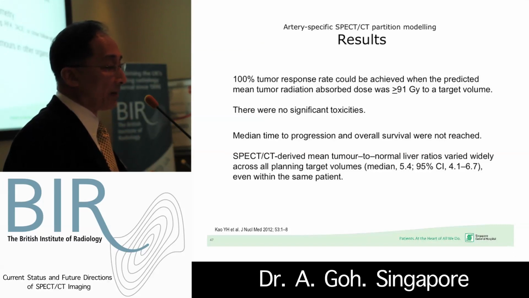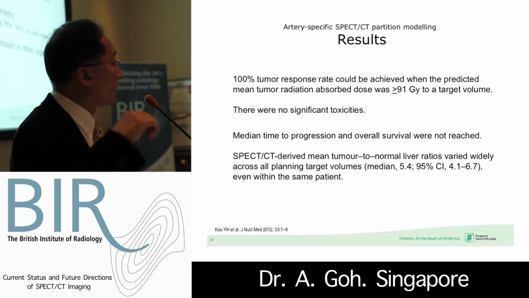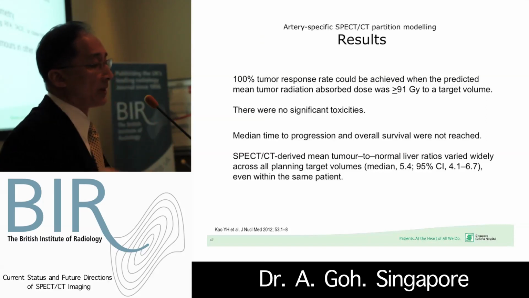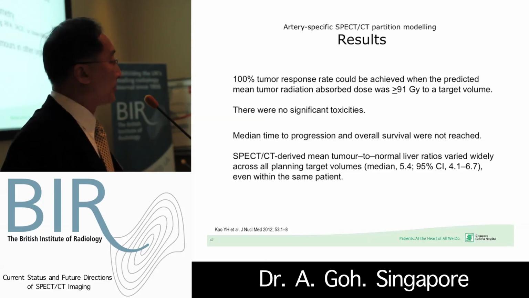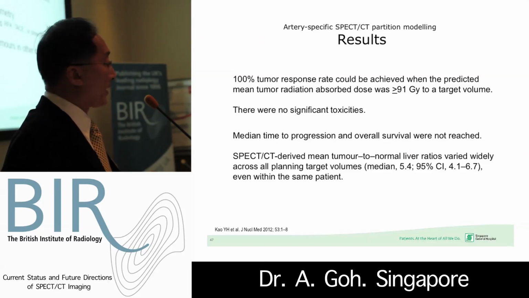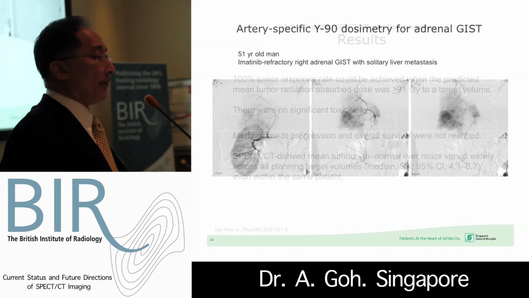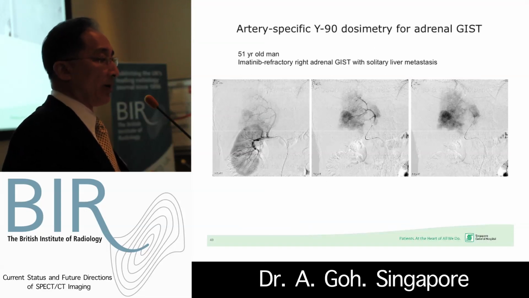We can determine lesion-specific or sub-lesional dosimetry to identify problem areas that we might not be targeting effectively. And potentially, you can apply this methodology to use the yttrium for other tumors in other organs, such as in the adrenals and kidneys. And in fact, I'm just going to show you an example of a patient with a very large adrenal GIST tumor sitting on top of the right kidney.